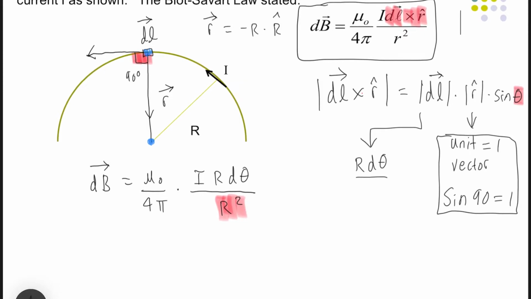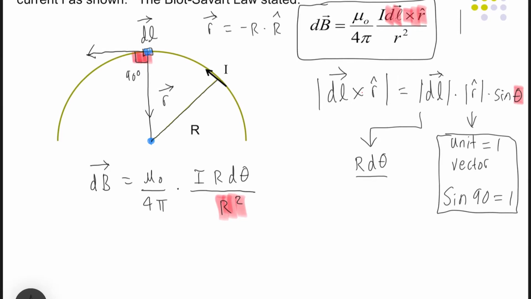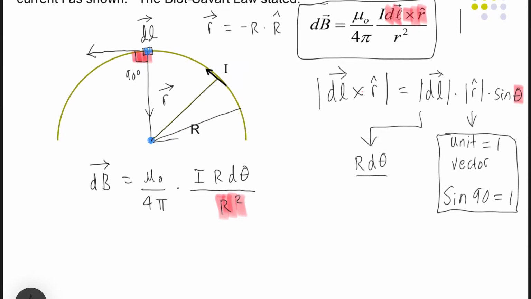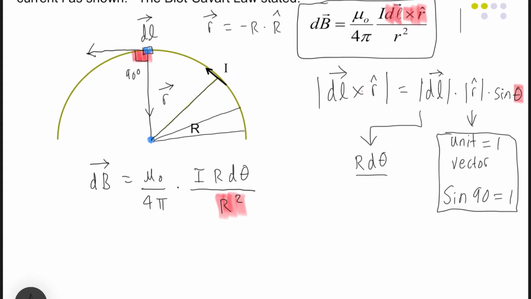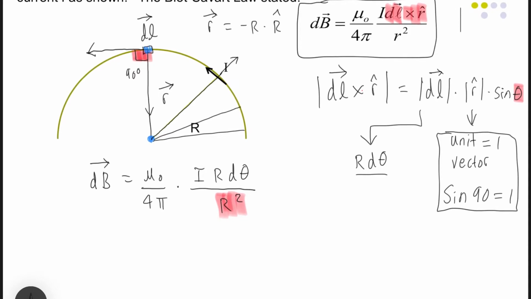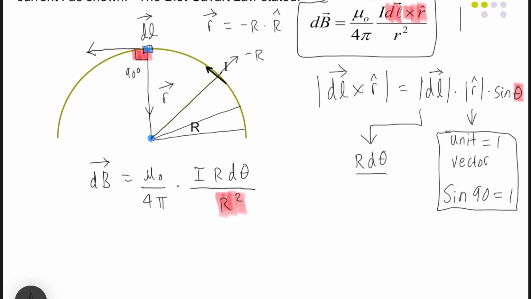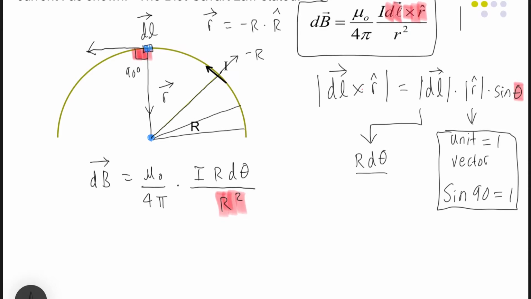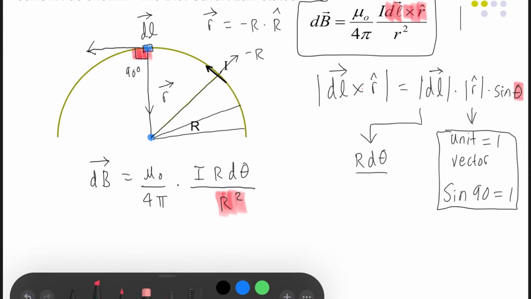So our r is non-changing, it's constant for every point on the arc. And we can say that the radius r is opposite the value of our r vector. Because of this, we can say that the r for our Biot-Savart law is r squared.